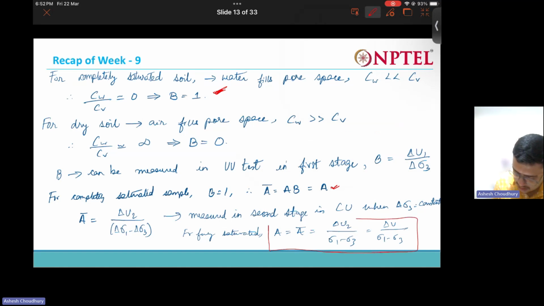This part I think should be understandable. You are just replacing the terms.